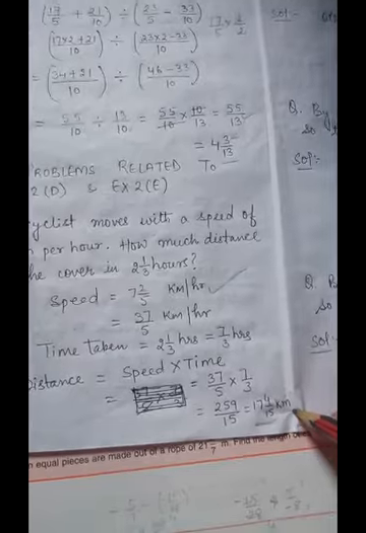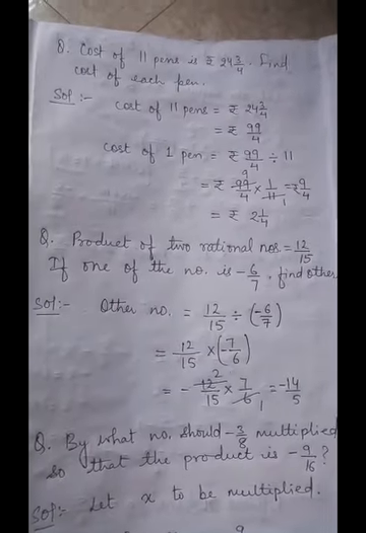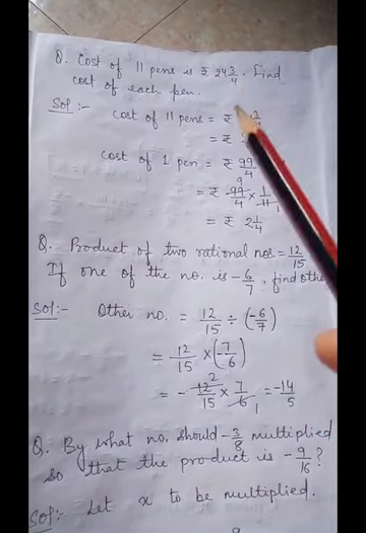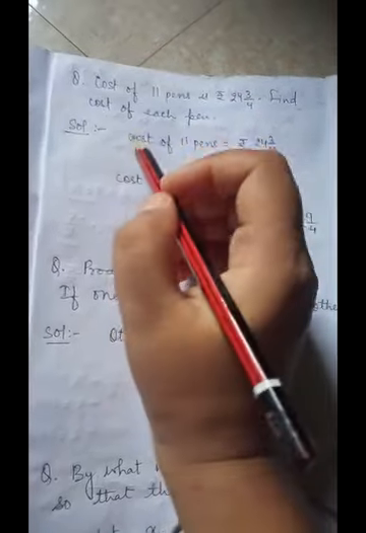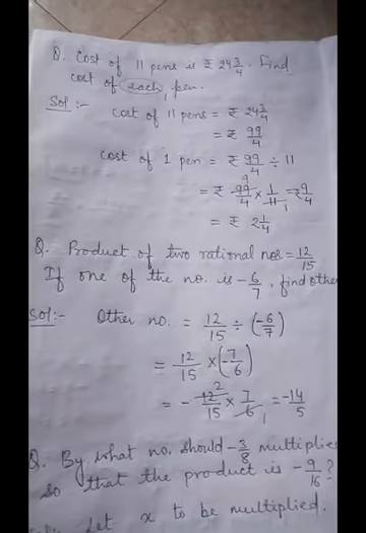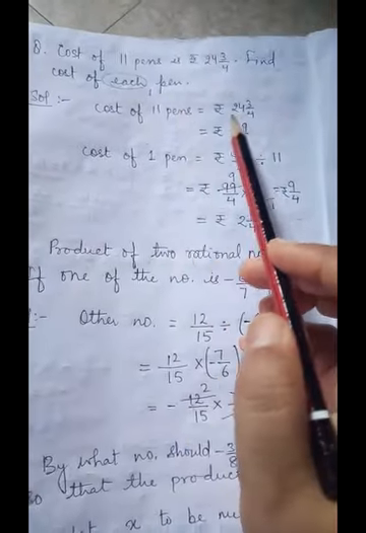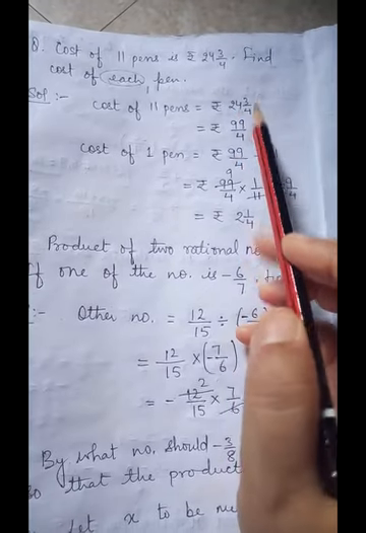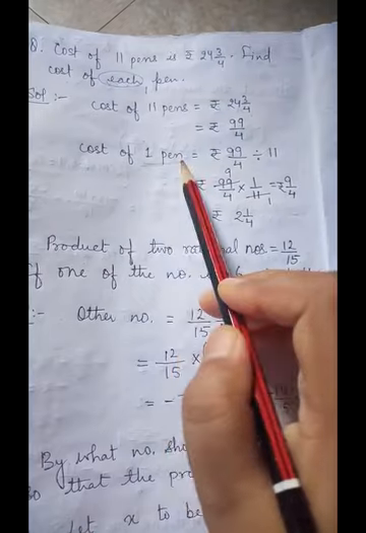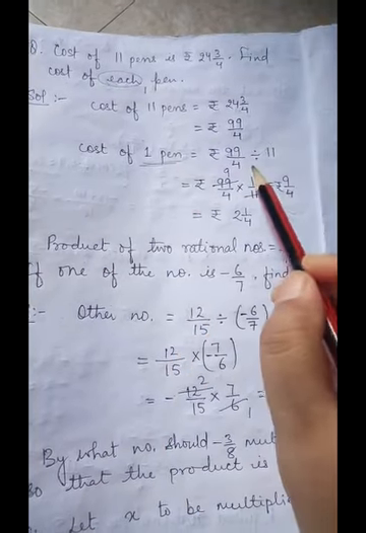Next question. The cost of 11 pens is rupees 24 whole 3 by 4. Find the cost of each pen. Each pen means 1 pen or 1 unit. They can give you anything in the exam. So the cost of 11 pens is 24 whole 3 by 4 rupees, which is equal to 99 by 4 rupees. For finding the cost of 1 pen, you have to divide it by 11.